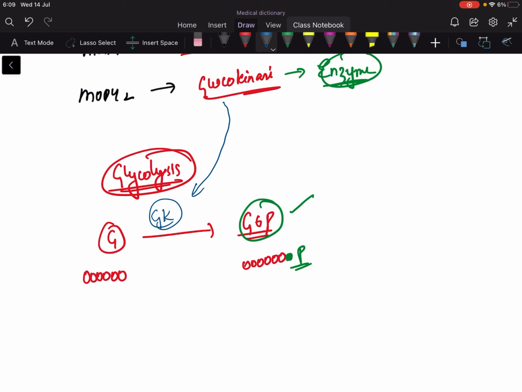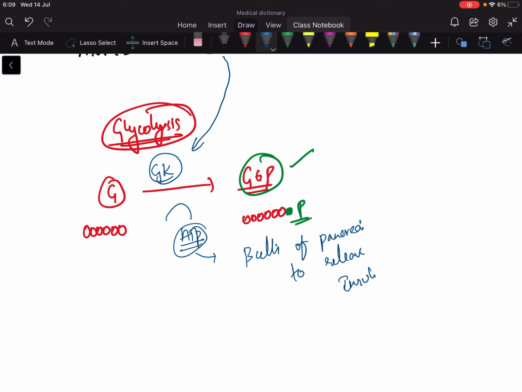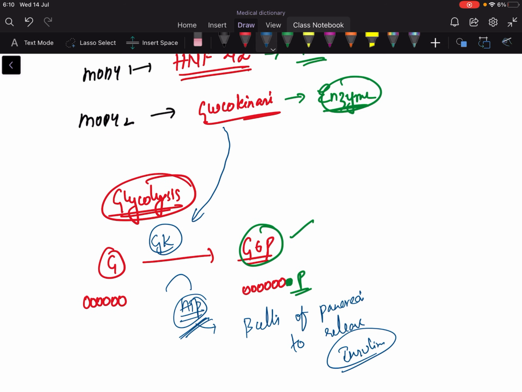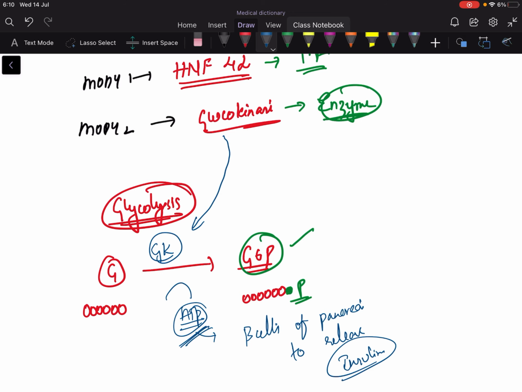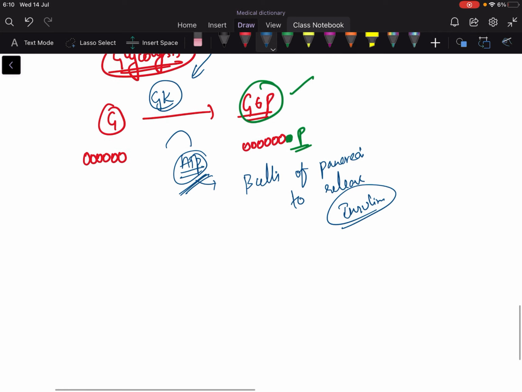During this, ATP is produced, and this ATP is needed for the beta cells of the pancreas to release insulin, right? You can watch my previous video on how insulin is released from the beta cells of the pancreas. In that step, ATP plays the major key role in the release of insulin. So if there is no glucokinase, obviously the insulin will not come out of the beta cells of the pancreas. So in MODY 2 there is a defect in glucokinase.